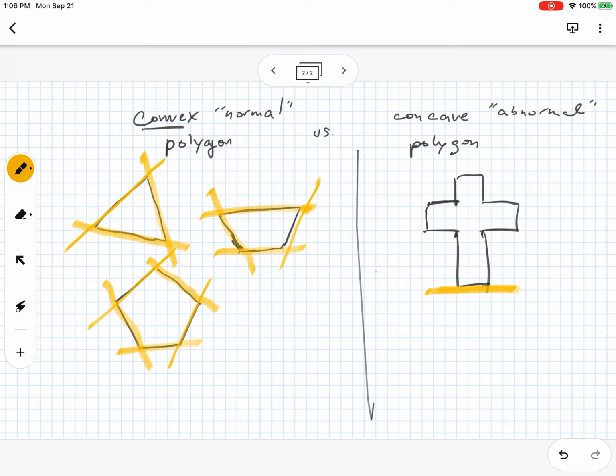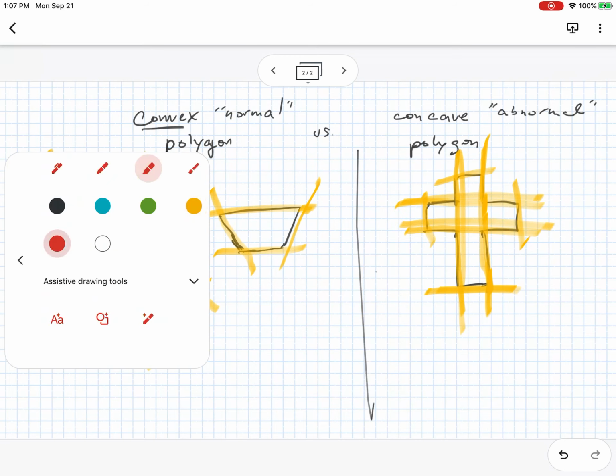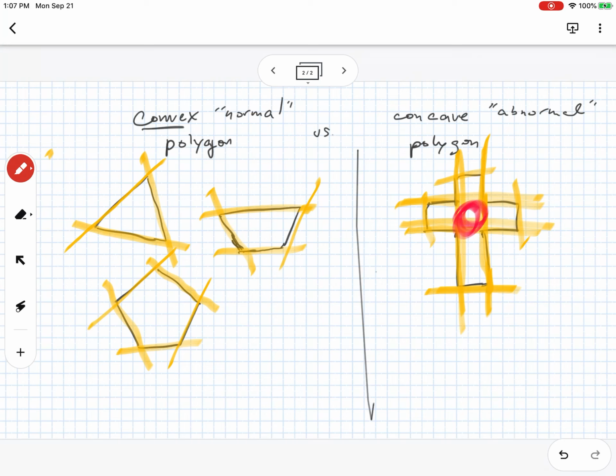The reason is that when we trace each segment, look at what happens. Do you see that? It cuts into the polygon, really this one and this one and this one and this one. They cut inside of the polygon. And when that happens, it is called concave.